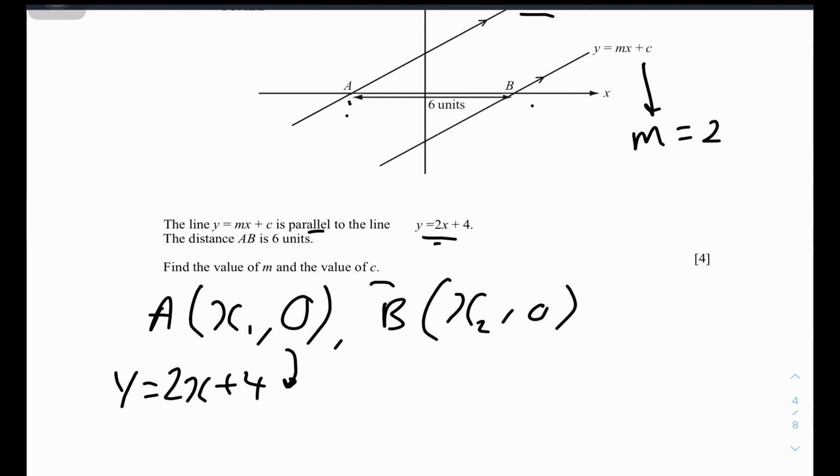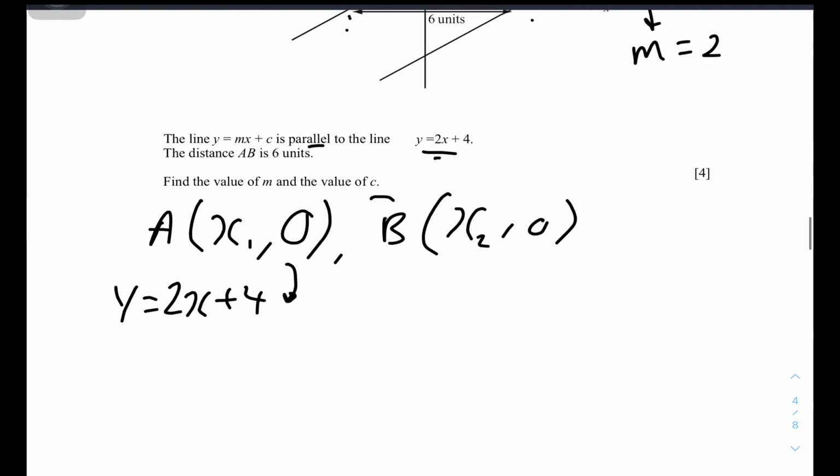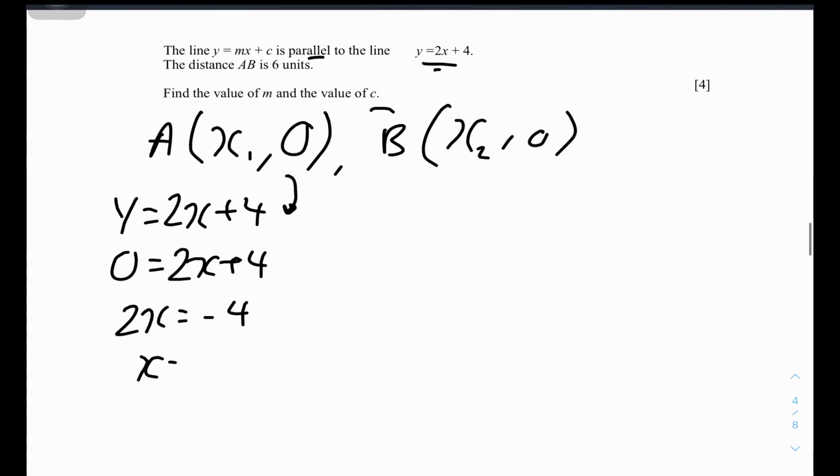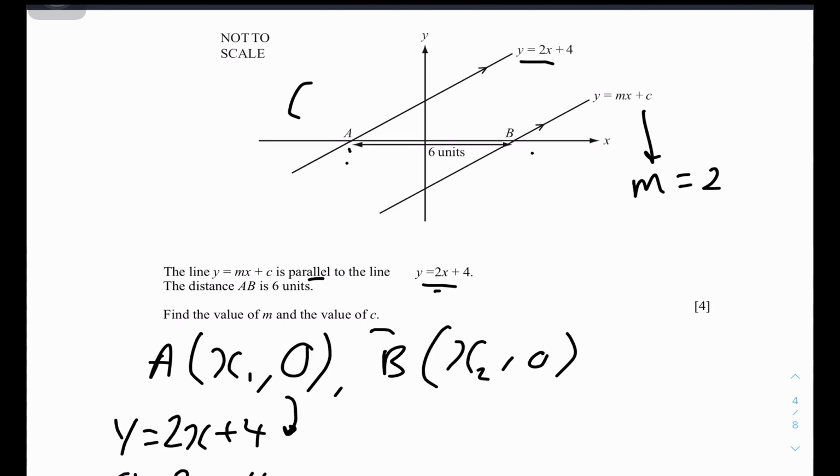We need to find the value of x when y equals 0. So let's set y equals 0: 2x plus 4. Just solve for x, which will be 2x equals minus 4, and x equals minus 2. So that's the point of A. A here is minus 2, 0.